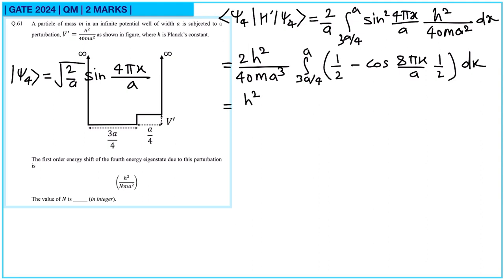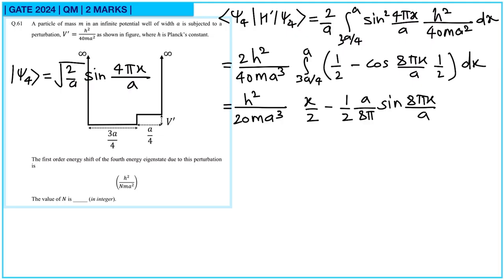So this is equal to ħ square upon 20 m a cube. Integration of 1 by 2 is x by 2 minus 1 by 2 into integration of cos, which is sine 8 pi x by a into a by 8 pi, and limits are 3a by 4 to a.